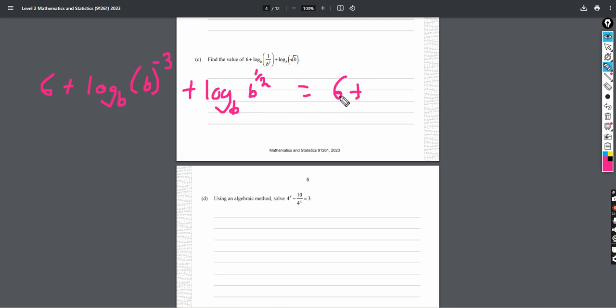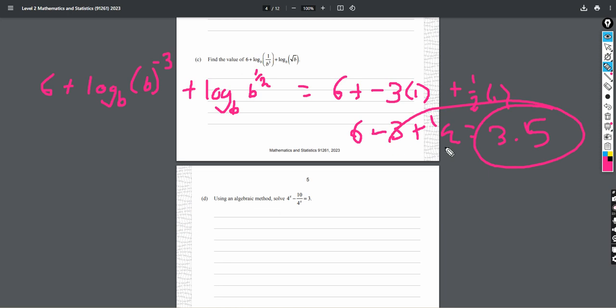This equals 6 plus, now remember, you can bring the minus 3 to the front. But log base b of b will just be 1 plus, bring the half to the front, log base b of b is 1. So you get 6 minus 3 plus a half, 3.5.